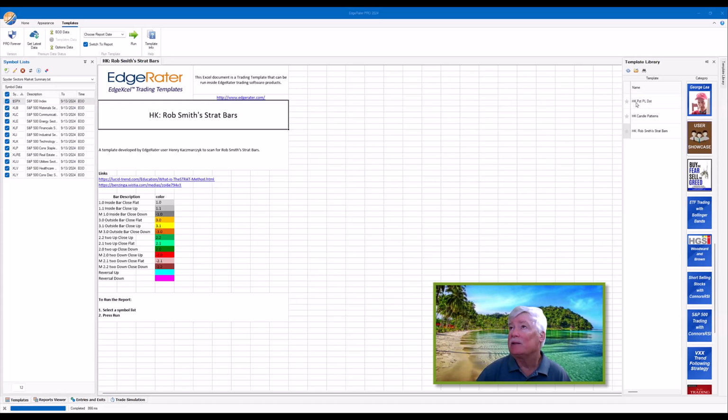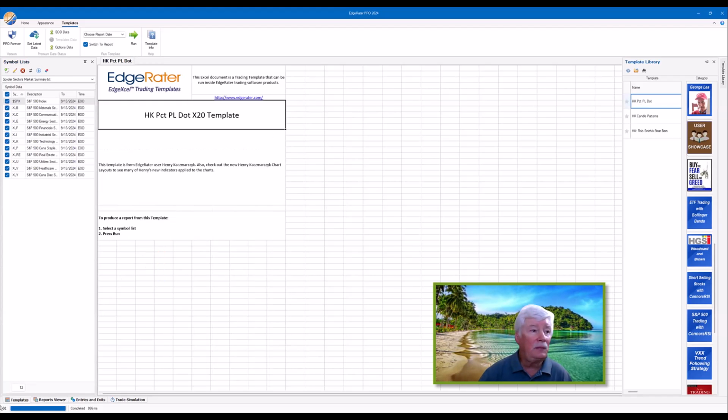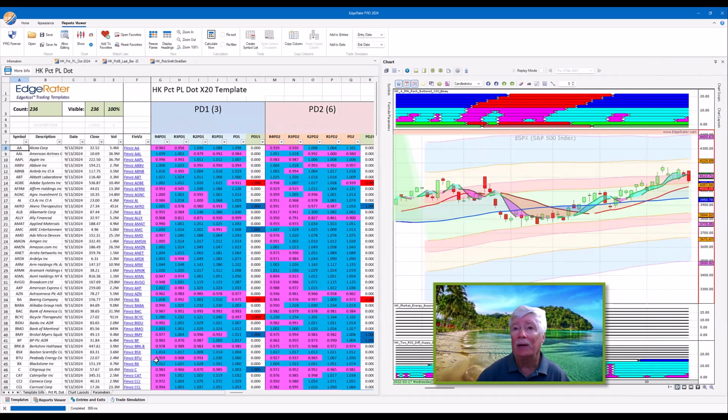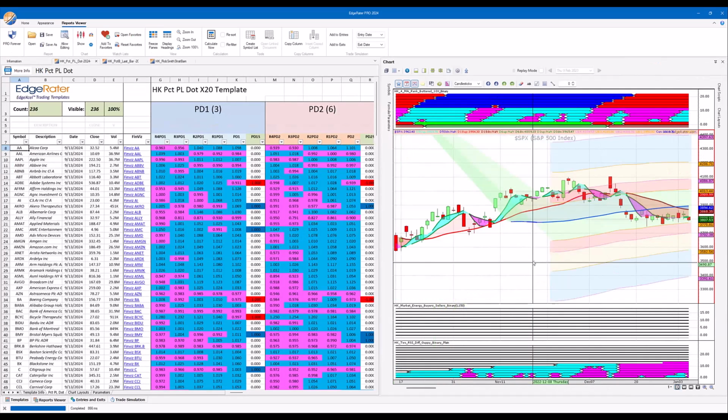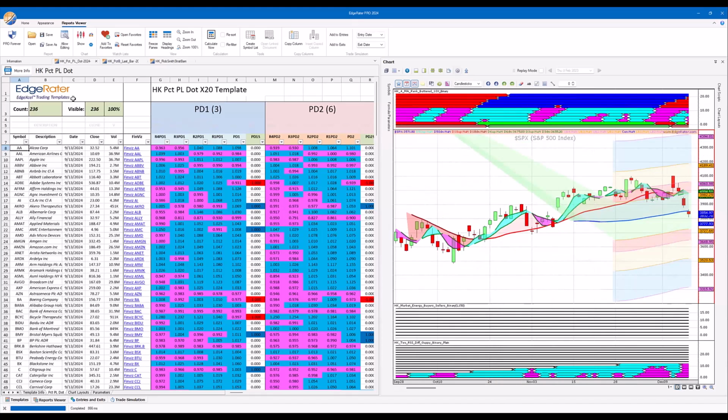It's called HK% PL under the reports viewer. I ran it. I ran this against the CBO weeklies list. Let me show you what they actually end up doing.